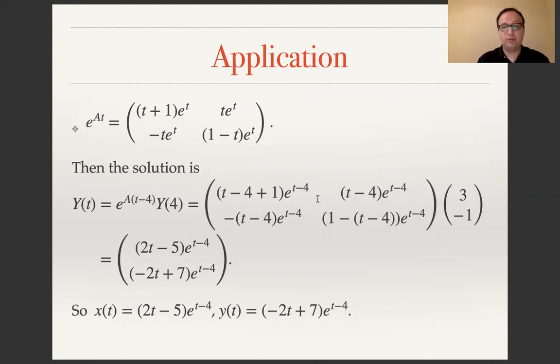So we get this expression, and we apply it to the vector y of 4, which represents the 2 initial conditions, 3 and minus 1. And doing this multiplication, we get a column vector with 2 components, as it should be. First one is 2t minus 5 times e to the t minus 4. Second one is minus 2t plus 7 times e to the t minus 4.